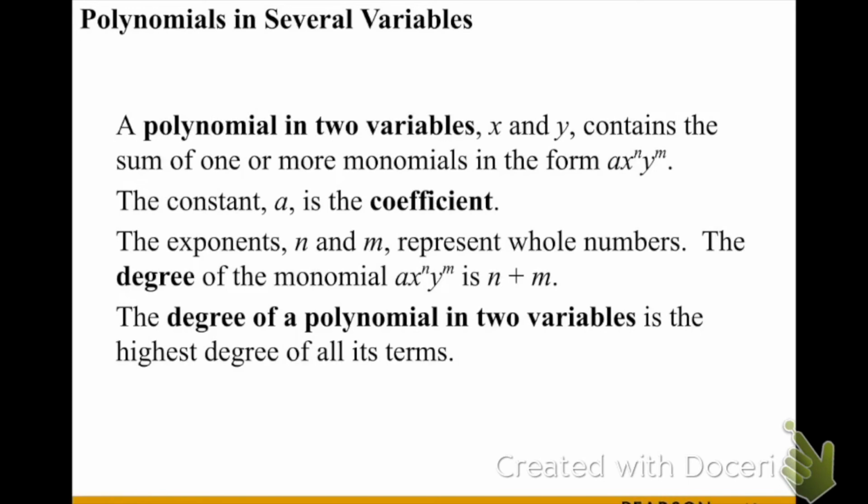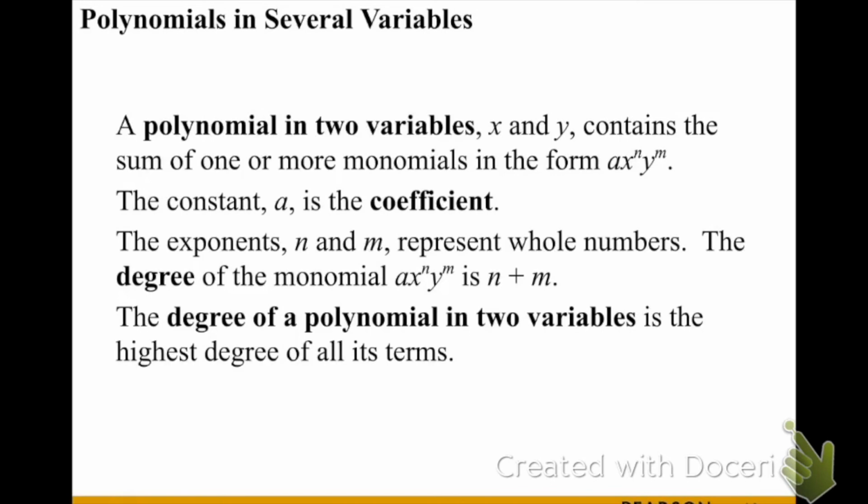Now let's consider polynomials in several variables. What we mean by that is, in this case, x and y. A polynomial in two variables contains the sum of one or more monomials in the form a x to the n power y to the m power. Here, a is the coefficient.